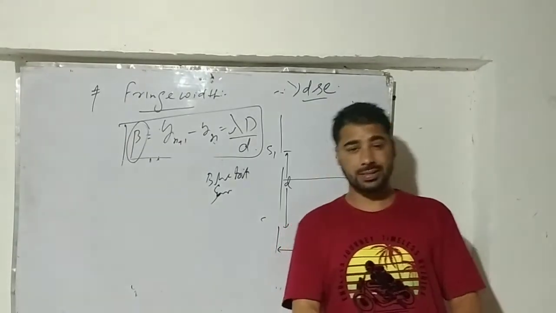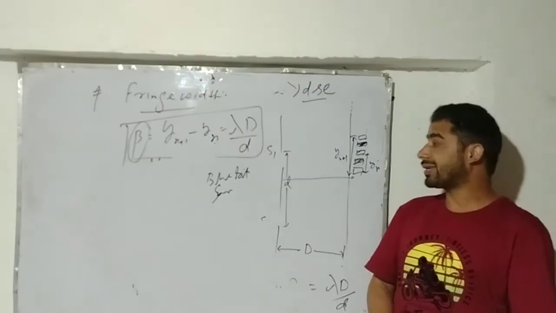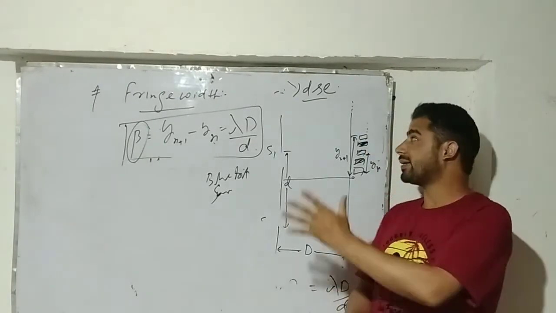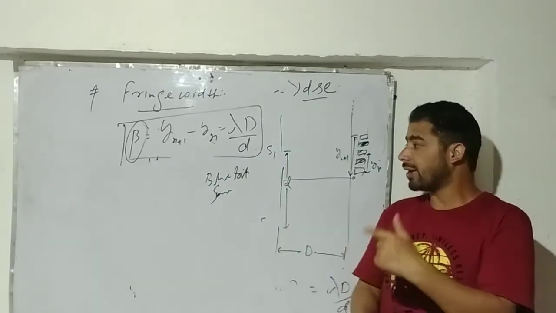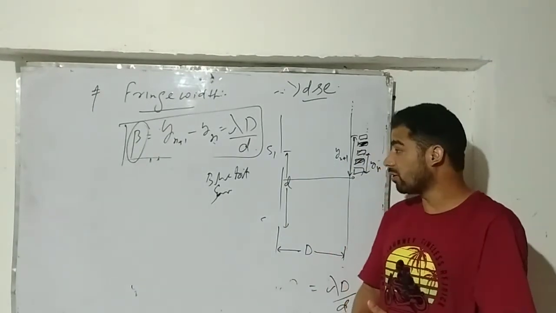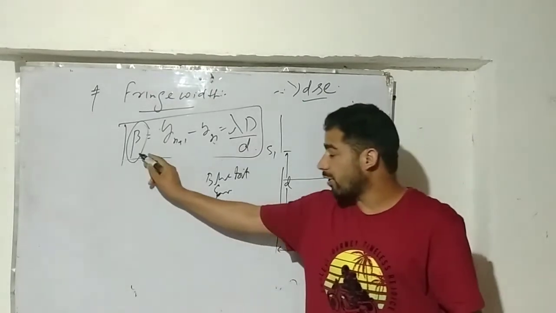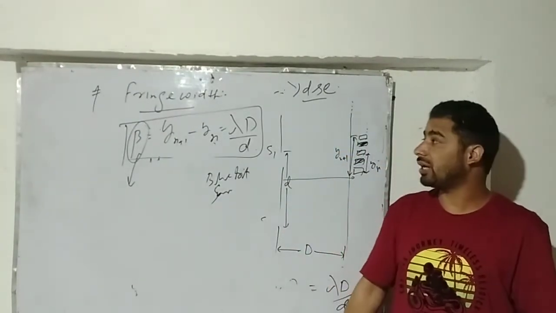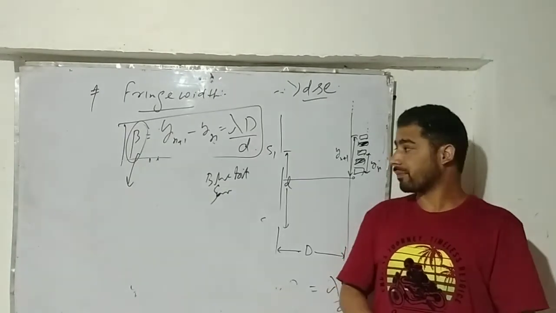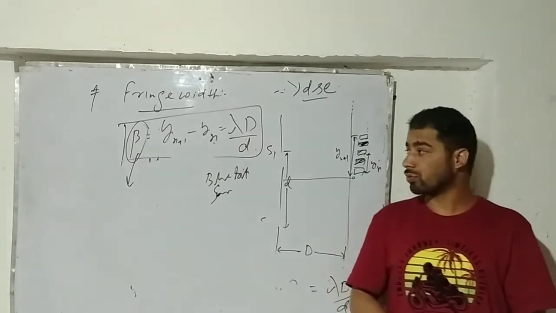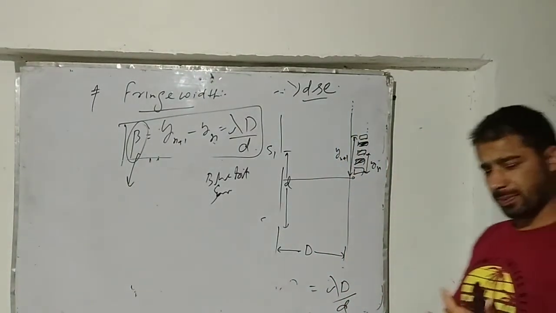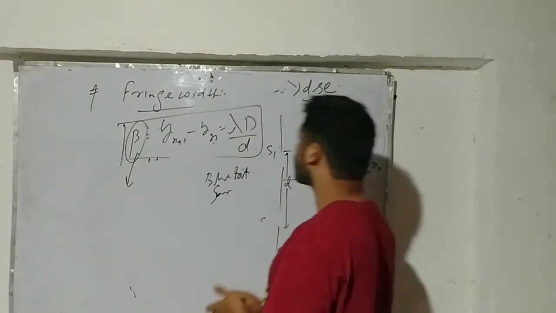I will mention the question once more. In the first case, we have the sodium lamp acting as the source of light in Young's double slit experiment. In the second case, I am replacing that source of light by the blue light source, and I need to know what will happen to the fringe width. Will it increase, decrease, or will no effect be observed? How can I do it? For this kind of analysis, I look at the equation.